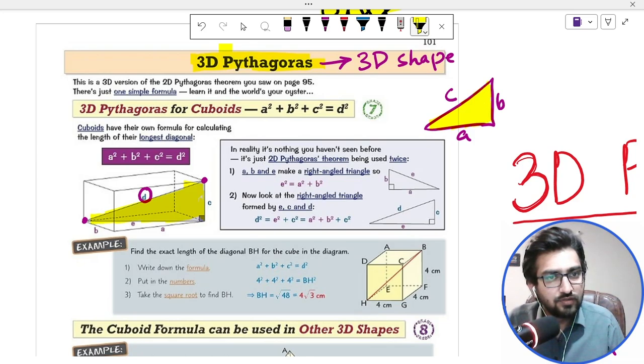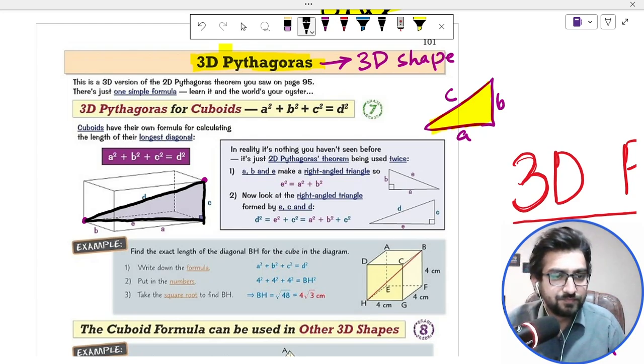But here the whole box is a three-dimensional shape, and there is a triangle inside of it. You connect that point with this one, and that corner with this corner, so this becomes a triangle.